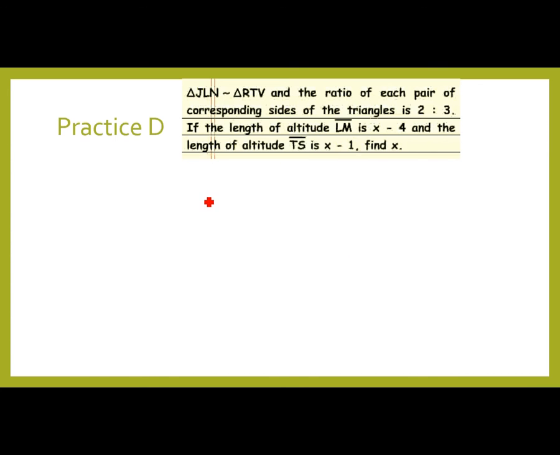And finally, we have practice D. It says triangle JLN is similar to triangle RTV, and the ratio of each pair of corresponding sides is 2 to 3. So we know that the ratio of JLN to RTV is 2 to 3.